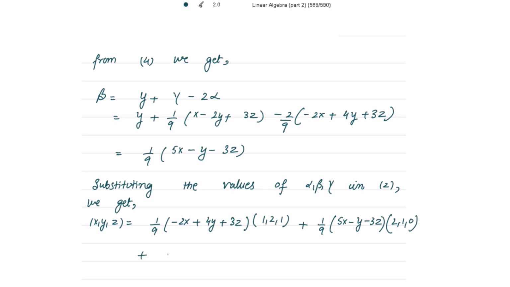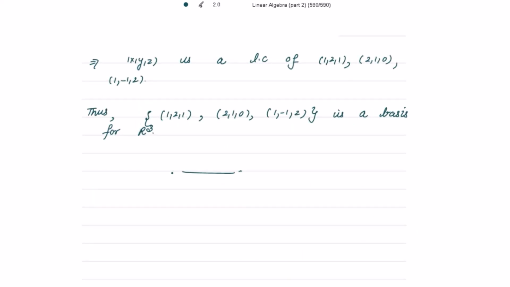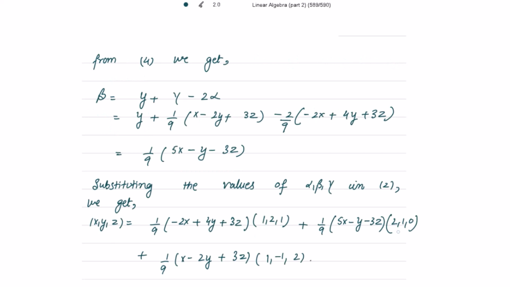And then 1 by 9, x minus 2y plus 3z for 1, negative 1 and 2. So now xyz is a linear combination of 1, 2, 1, 2, 1, 0, 1 minus 1, 2. We get all our values of alpha, beta, gamma in terms of xyz. If you solve this, you will get your xyz back.